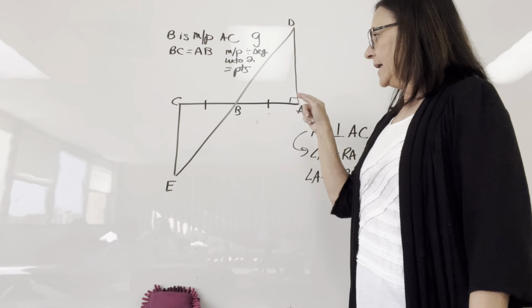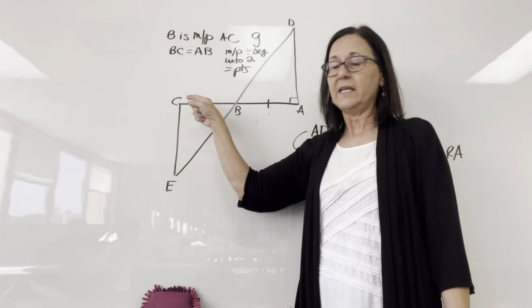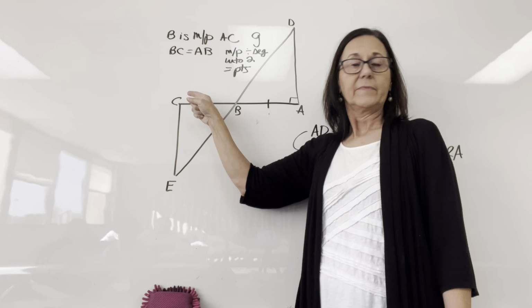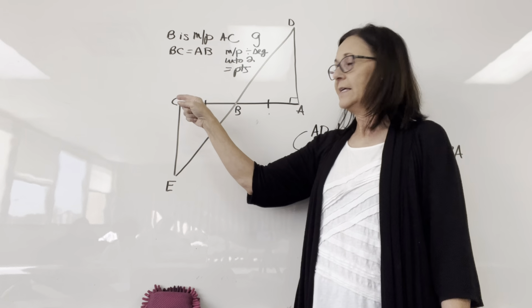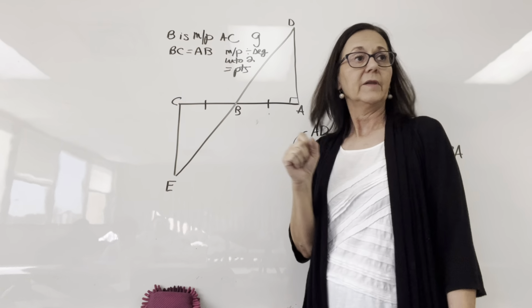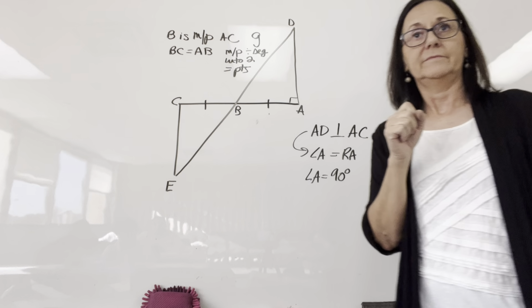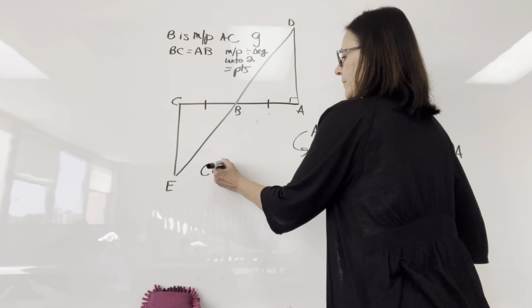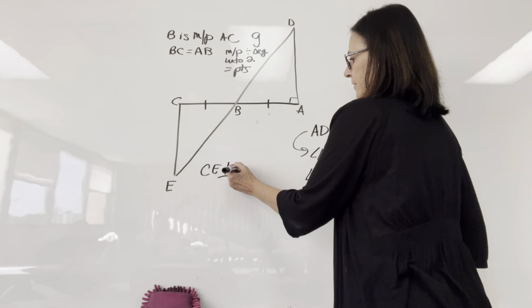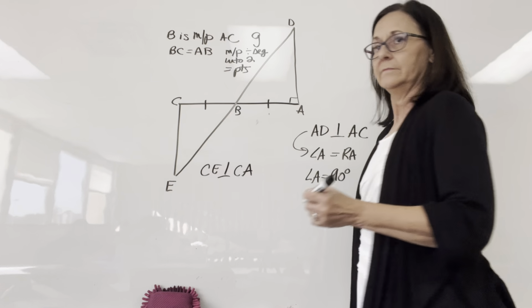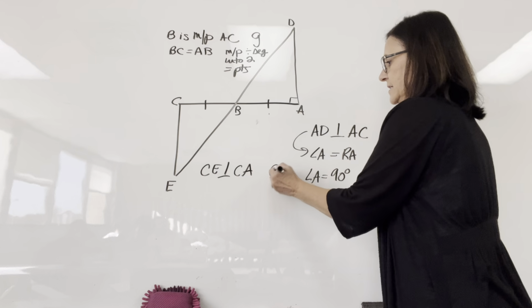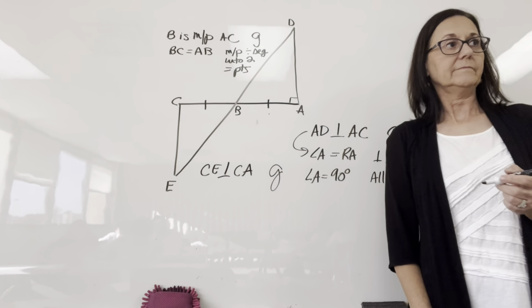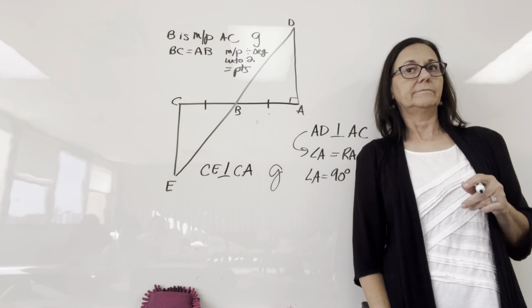And when he's at C, they realize that CE is also perpendicular to AC. So they also realize that CE is also perpendicular to CA. All right, so that is given. So what can I know from that?